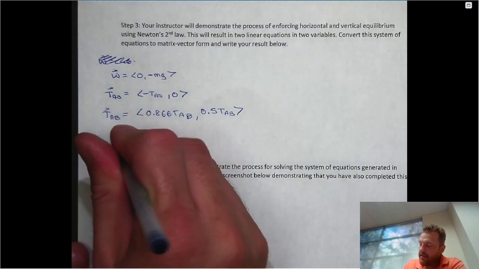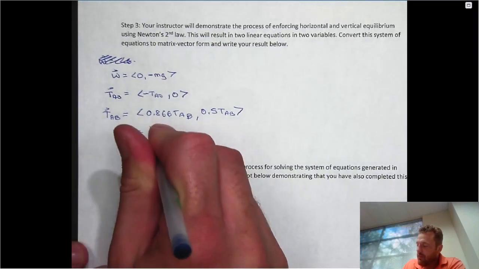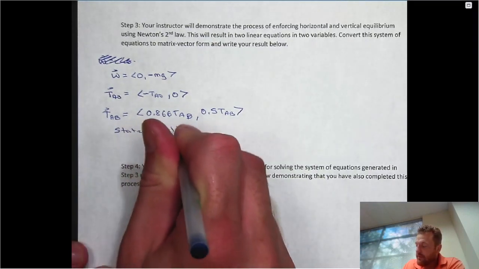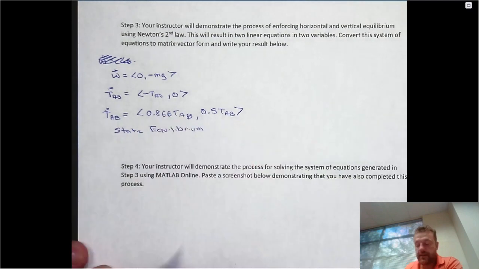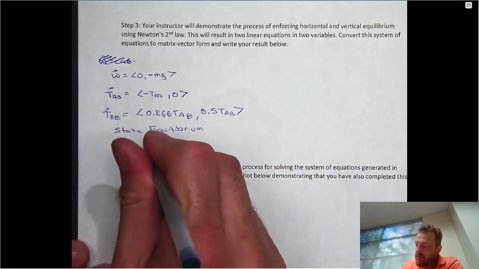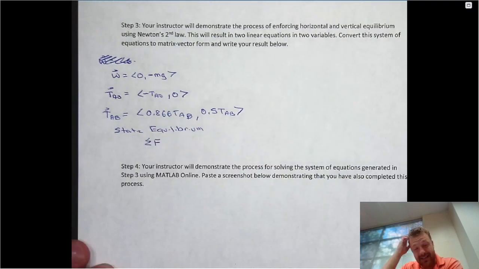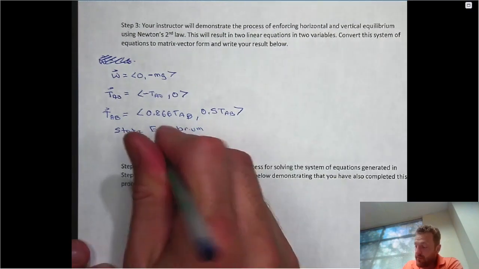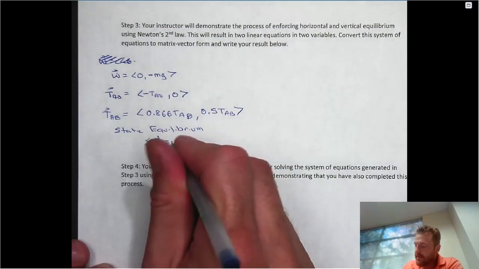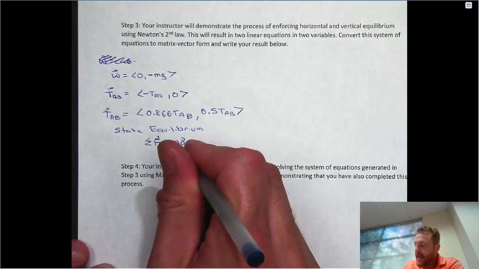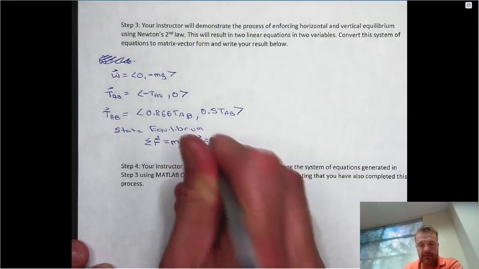So what does it mean to be in static equilibrium? Well, static equilibrium just means, if you think about it from Newton's second law point of view, remember that Newton's second law says that the sum of all forces acting on a body, or the resultant force, is equal to the mass times the acceleration. But if something is static, the acceleration is actually 0.